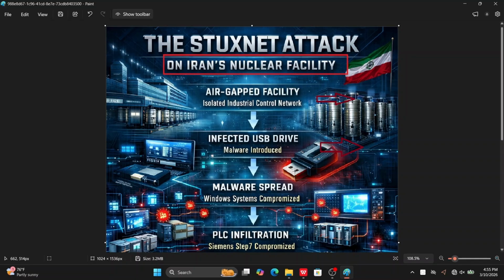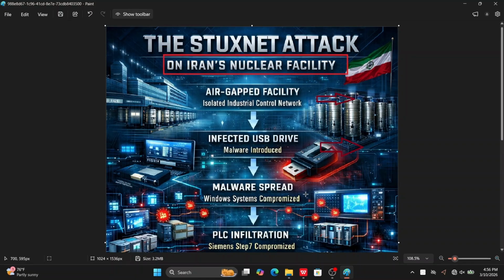Once inside the network, the malware began spreading across Windows computers within the industrial control systems. The next stage is the malware spreading into the Windows systems to compromise them.